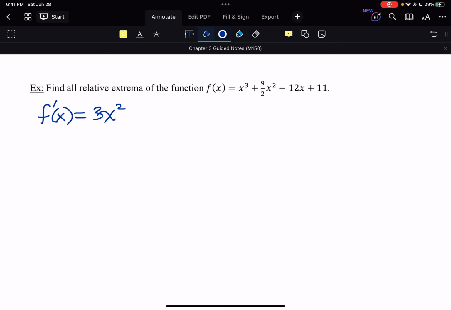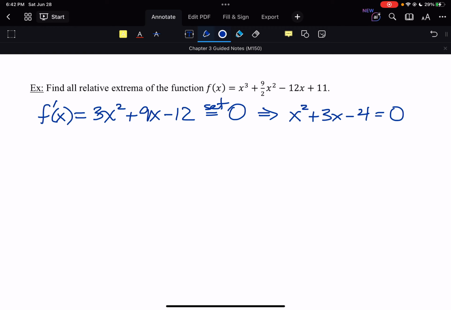So that's 3x squared plus 9x minus 12. Set that equal to 0. I'm going to divide the 3 away, just to make these numbers a little easier to work with. Let's see. So that would be probably plus 4 and minus 1, I believe.